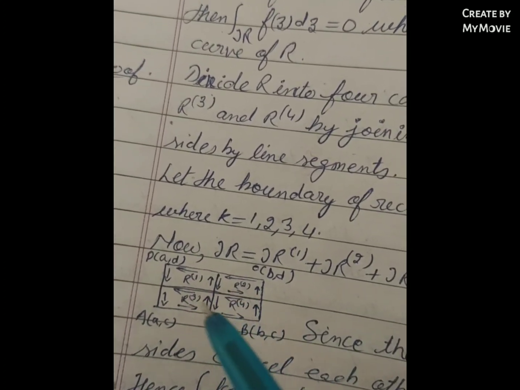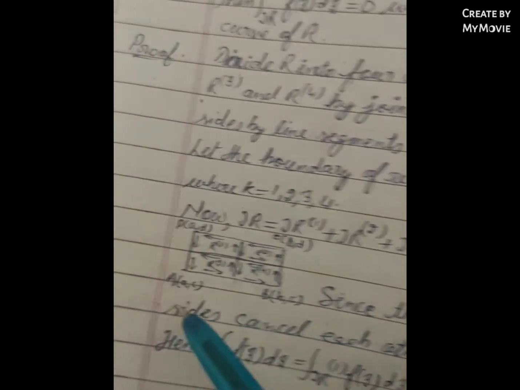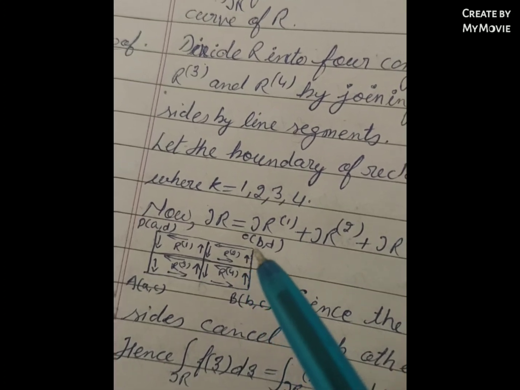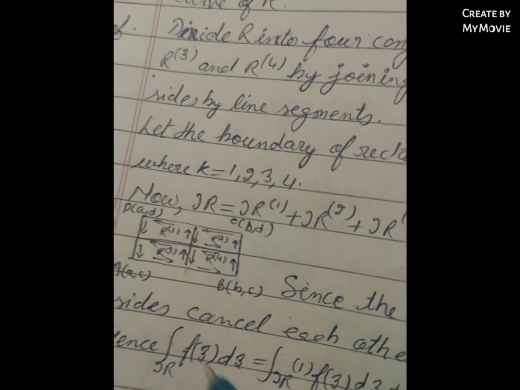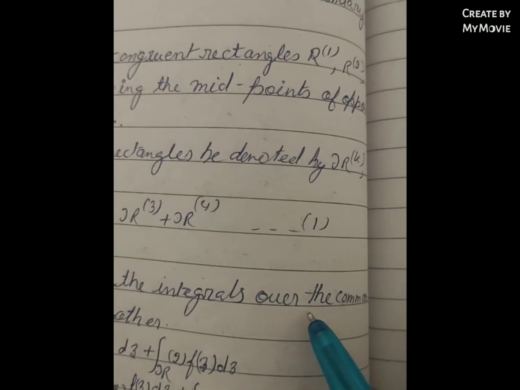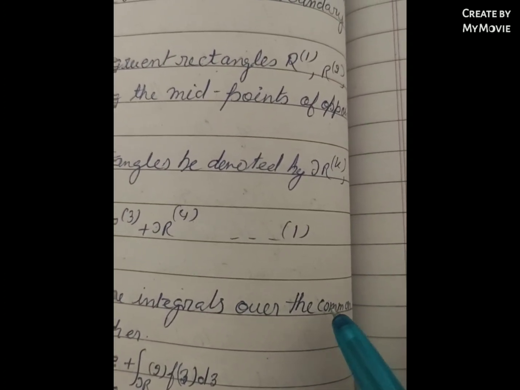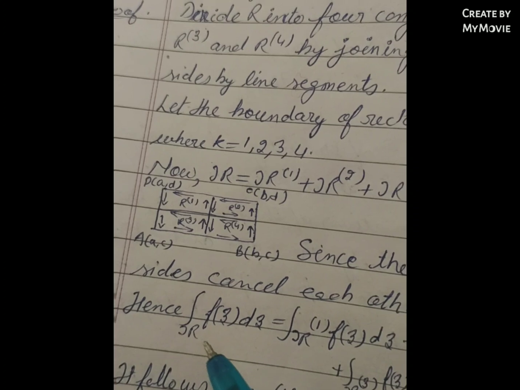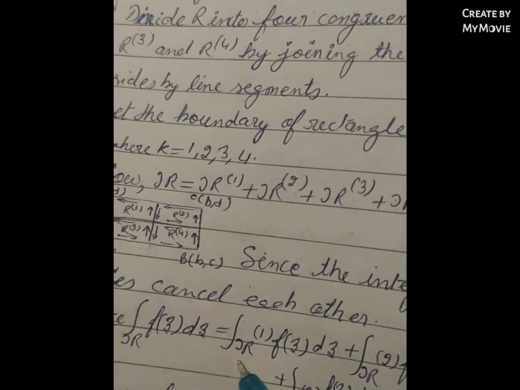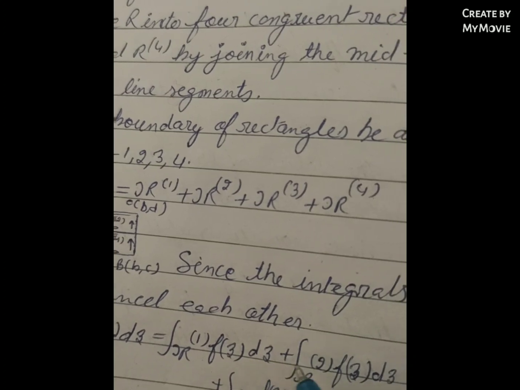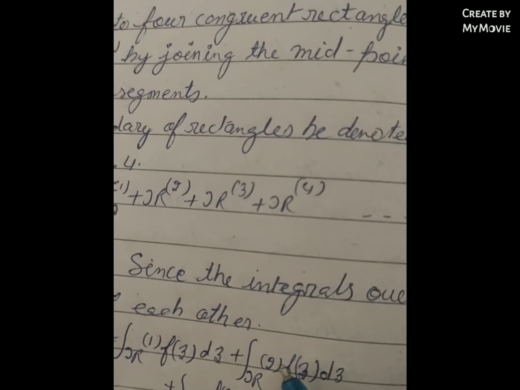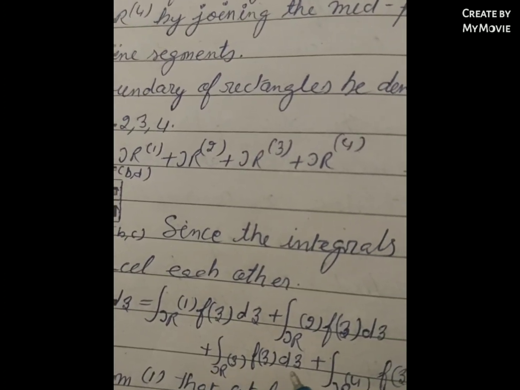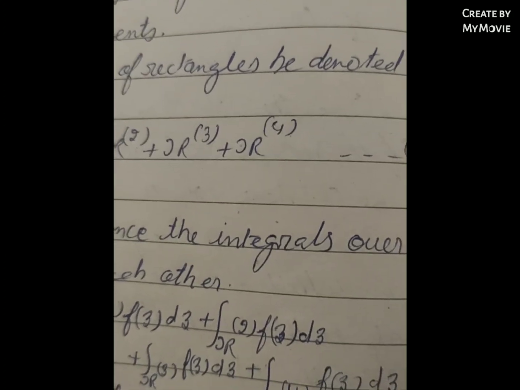Since the integrals over the common sides cancel each other, the integral over ∂R of f(z) dz is equal to the integral over ∂R1 plus the integral over ∂R2 plus the integral over ∂R3 plus the integral over ∂R4 of f(z) dz.